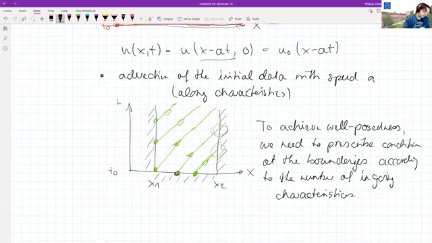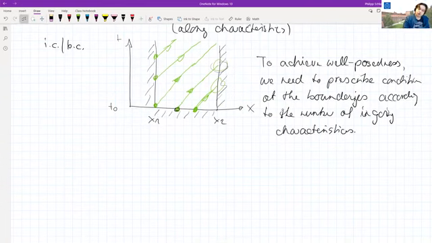Okay, so this was about initial conditions and boundary conditions, how this works. There's another interesting aspect for hyperbolic problems, which I would also like to very briefly mention, and that is the concept of where information comes from and where information is going to.